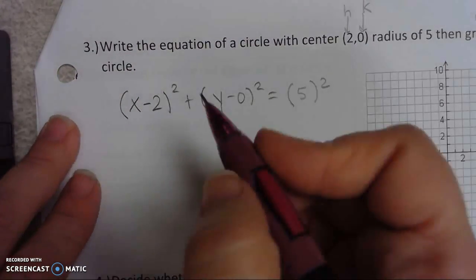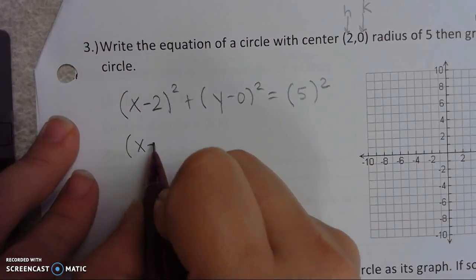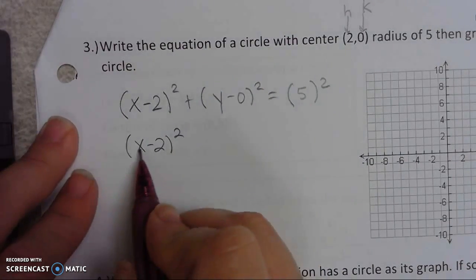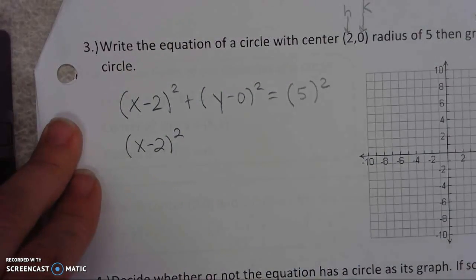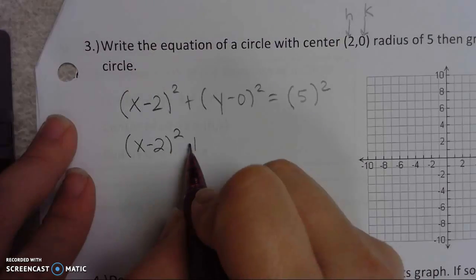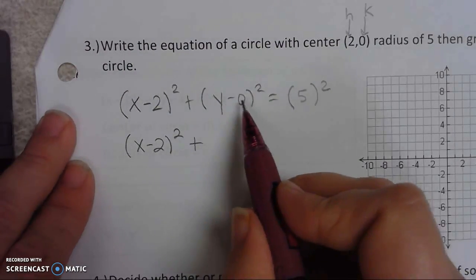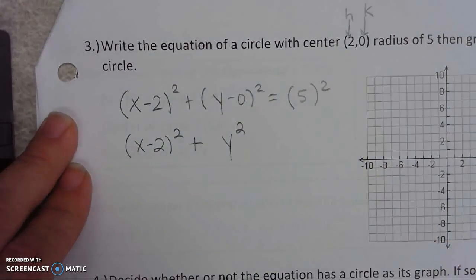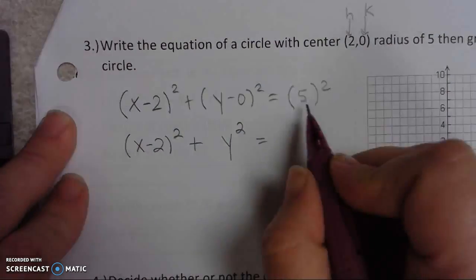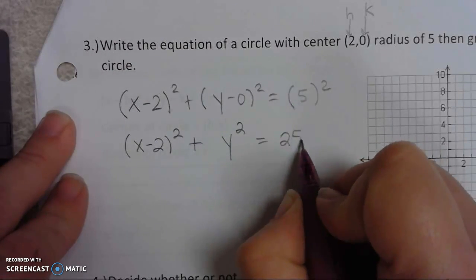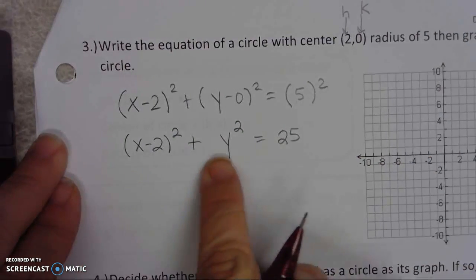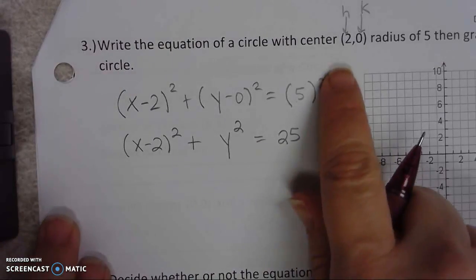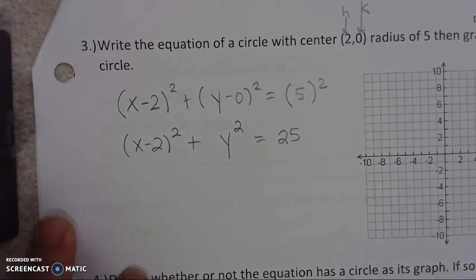Then I'm going to simplify where I can. I don't know what x is, so I can't say x minus 2 and get a value, so I'll leave that as it is. But subtracting 0 doesn't change anything, so that will just be y squared. And 5 times 5 is 25. So here is the equation of my circle with the center at 2, 0, and a radius of 5.